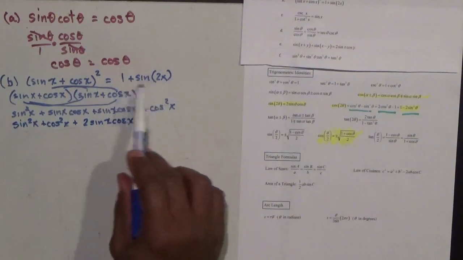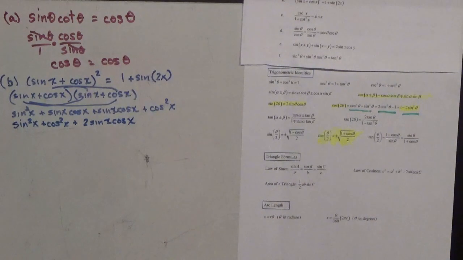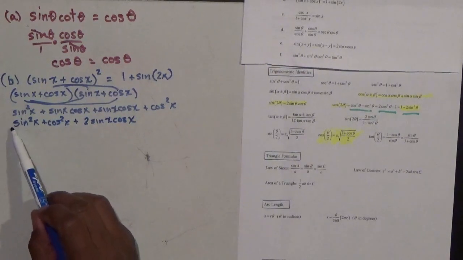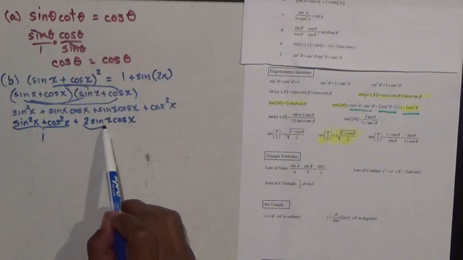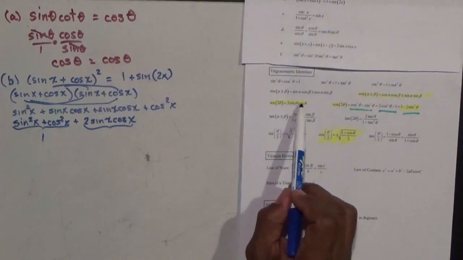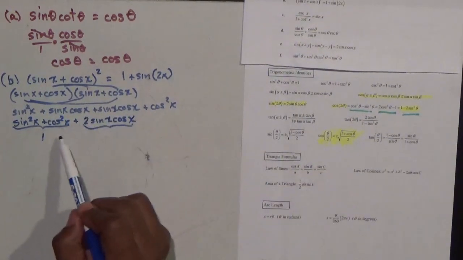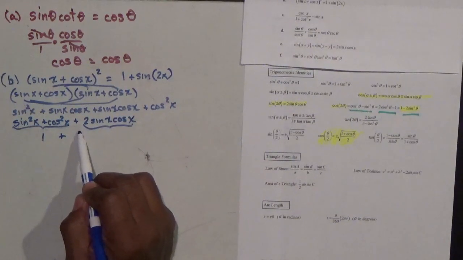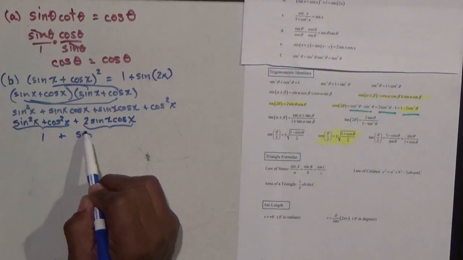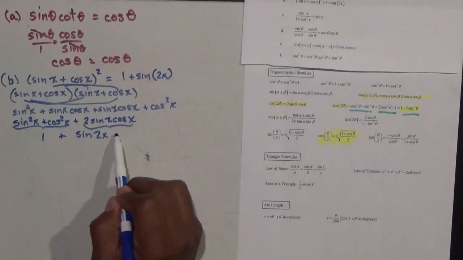Now remember, I'm trying to get to the right side, and I'm almost there. This gives me 1, and this right here is the double angle identity. So that is sine 2x, and I'm done.